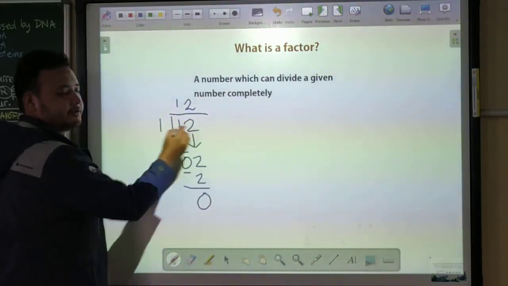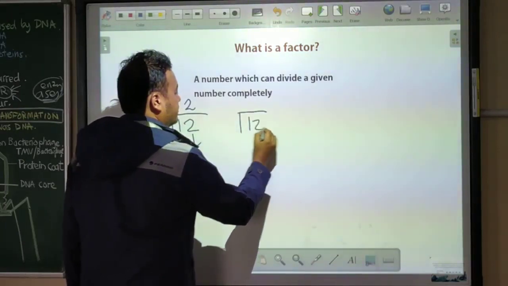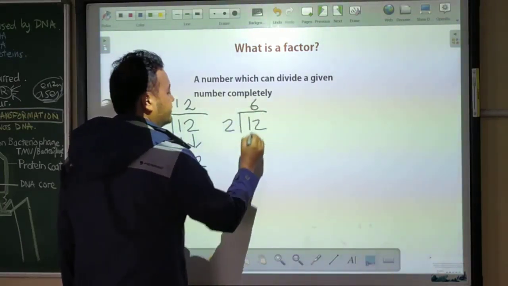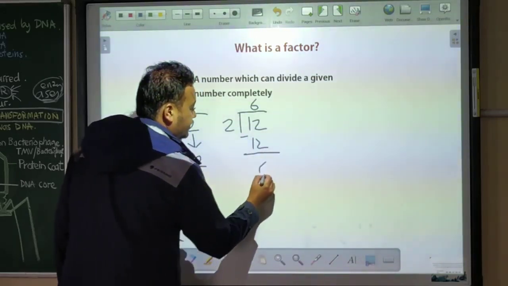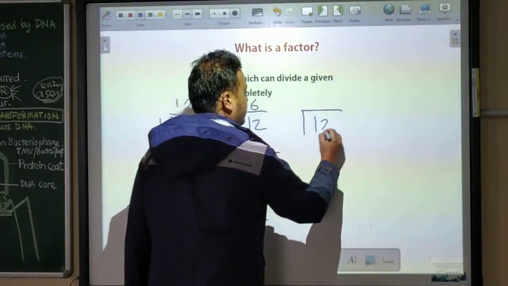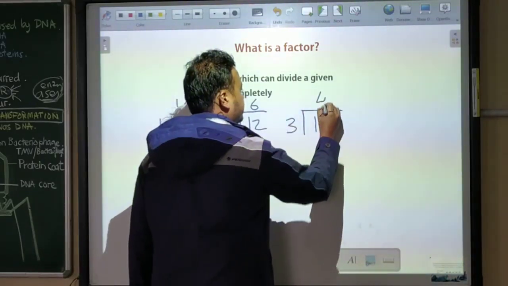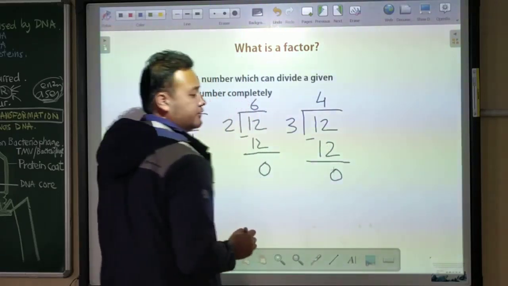So 1 divides 12 completely. With 2, 2 6s are 12 and the remainder is again 0. What about 3? 3 4s are 12 and the remainder is again 0.